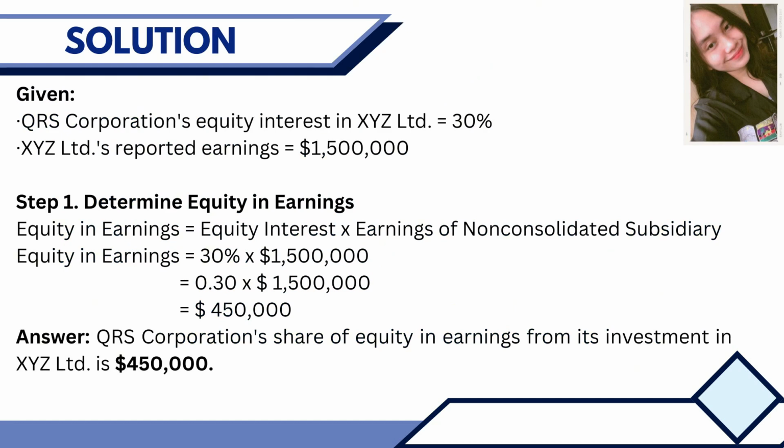Here's the solution. The given information is Kira S Corporation's equity interest in XYZ Ltd is equal to 30% and XYZ Ltd's reported earnings is equal to $1,500,000. Step 1. Determine equity in earnings.